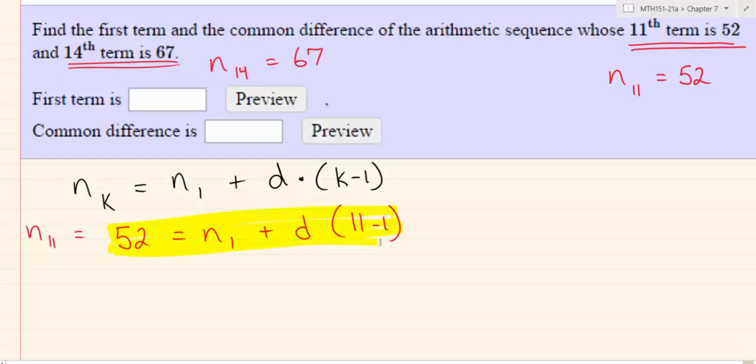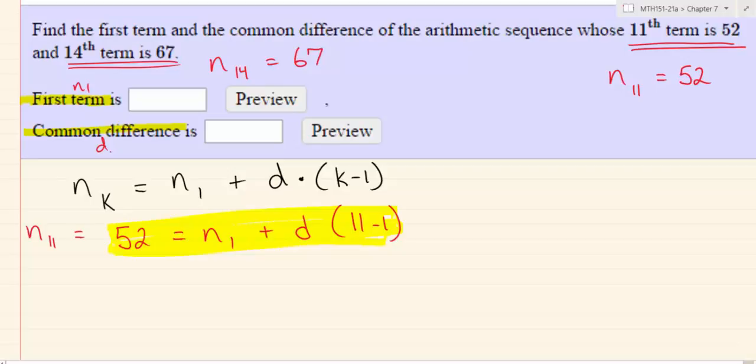Now remember, we're looking for two things: the first term, which is n sub 1, and the common difference, which is d. Those just happen to be the two things missing from our formula. So we can't solve it. Why not? Because it has two variables, two unknowns, and we only have one equation.